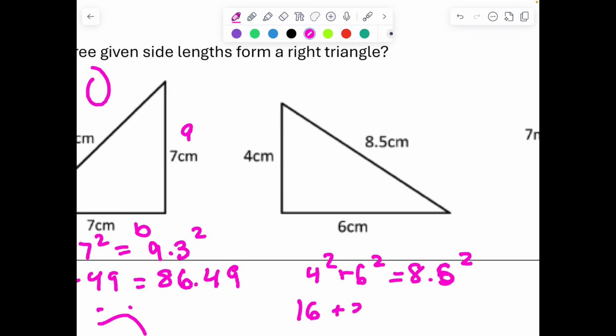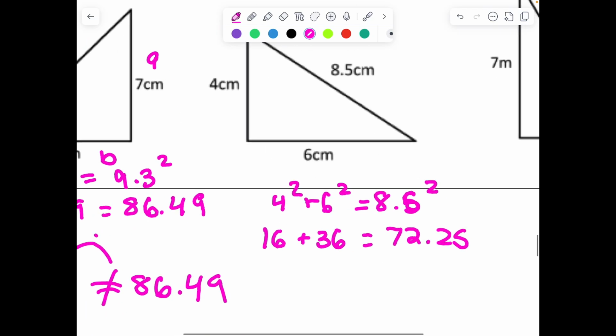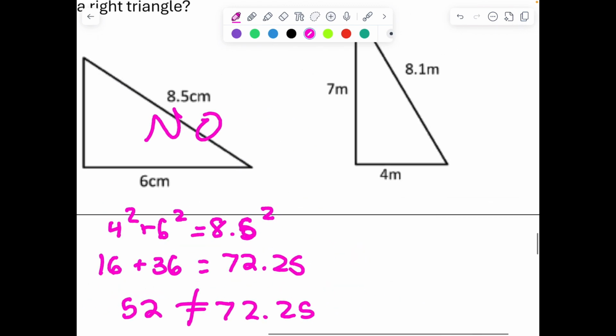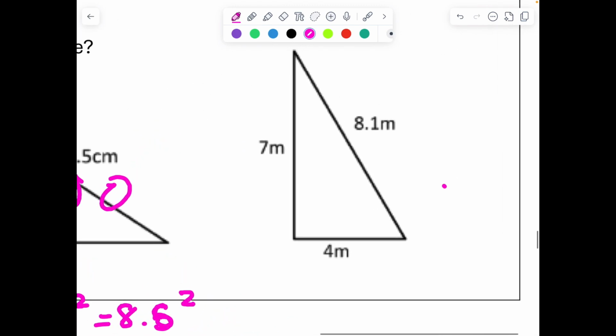This one, 4 squared plus 6 squared, does it equal 8.5 squared? Let's take a look. 16 plus 36. 8.5 squared is 72.25. Obviously not, okay? This is going to be 52, and that obviously does not equal 72.25, so no. All right, let's see if this one works.